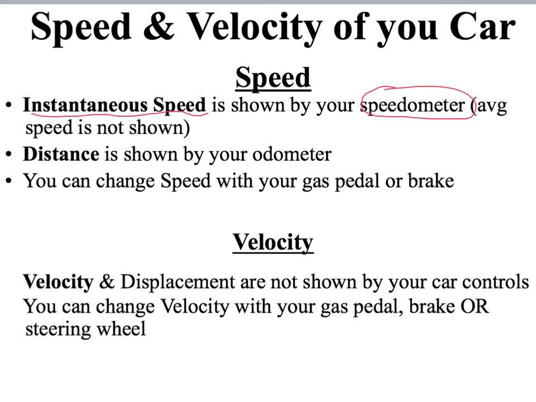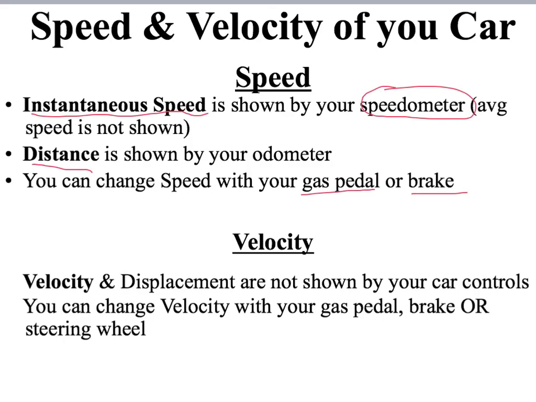Distance is shown by your odometer, which keeps track of how many miles you've driven for the life of the car. And remember, you have a trip odometer that'll show from when you press the button until that moment that you're interested in looking at. In your car, you can change your speed with your gas pedal by increasing your speed, or your brake by decreasing your speed.